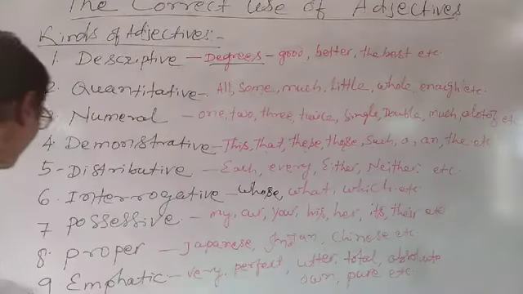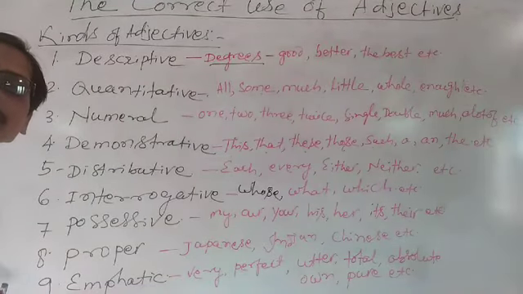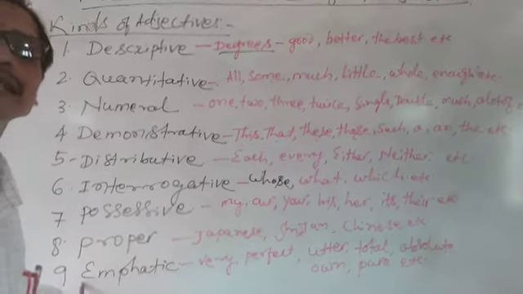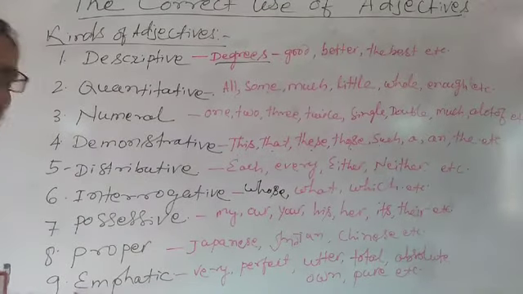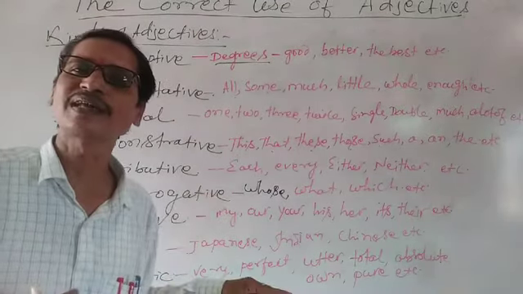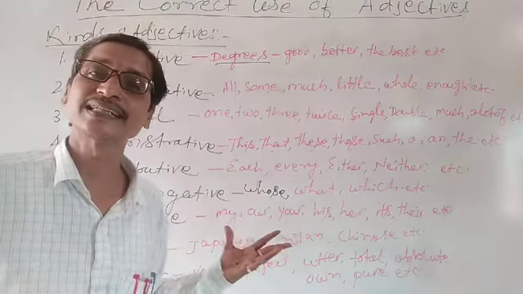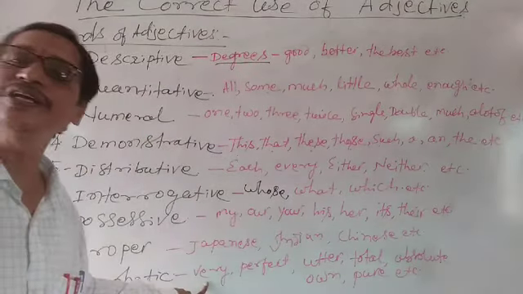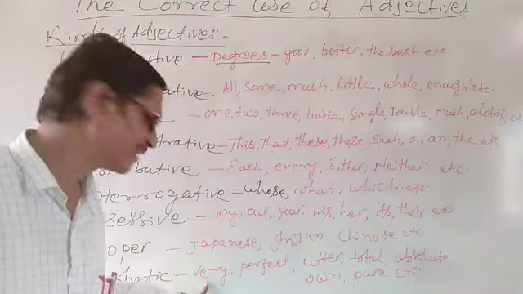Similarly, the last one is the emphatic adjective. Emphatic, as you know, we are giving much stress there and they are functioning as adjectives. Like a very good boy. Understand?